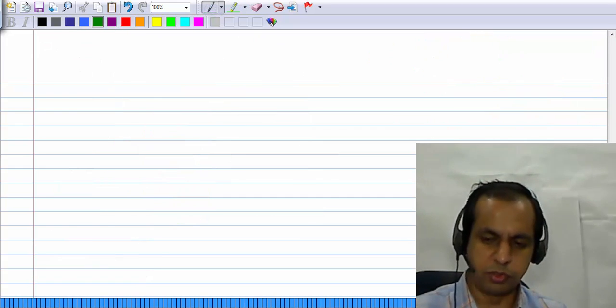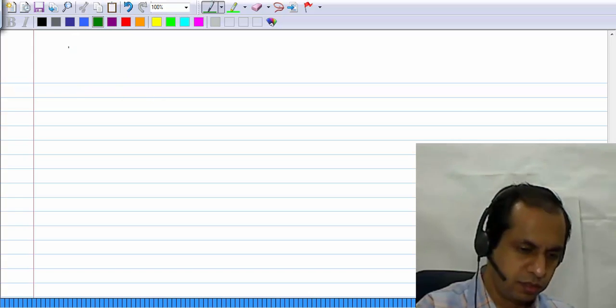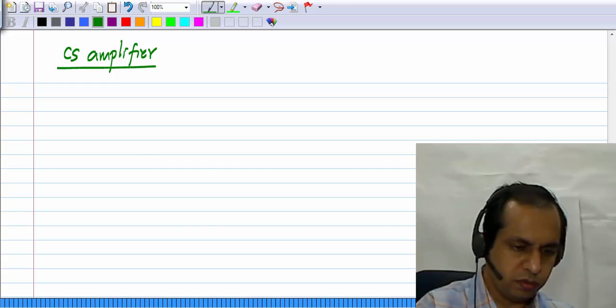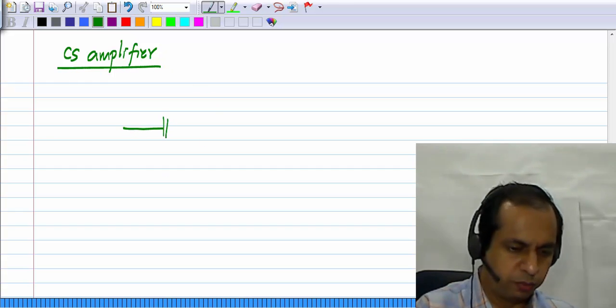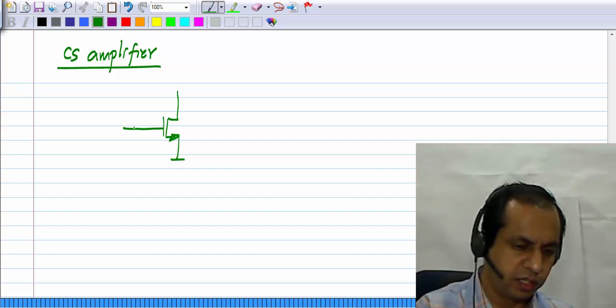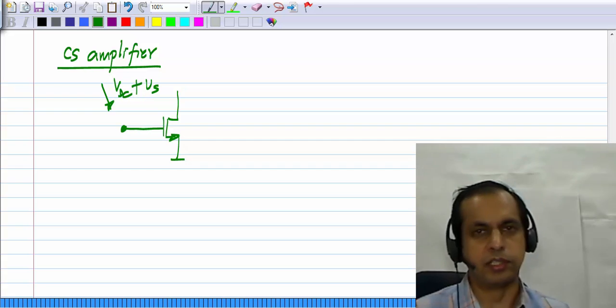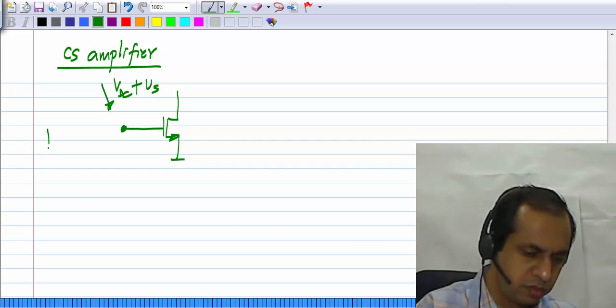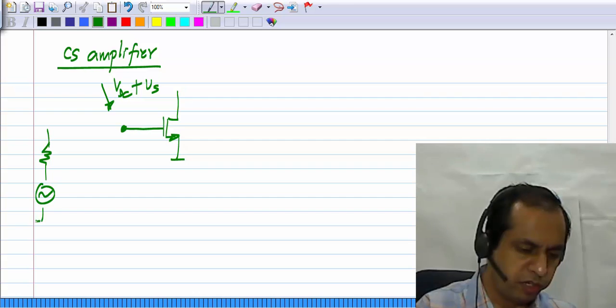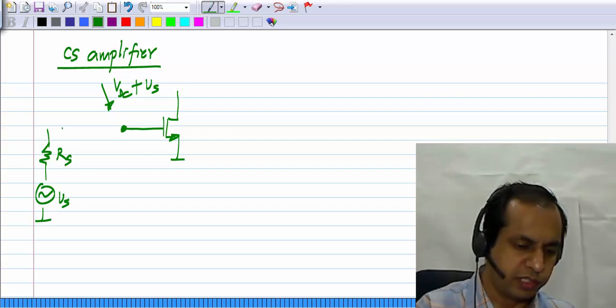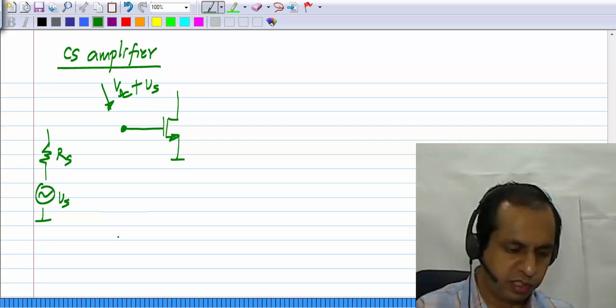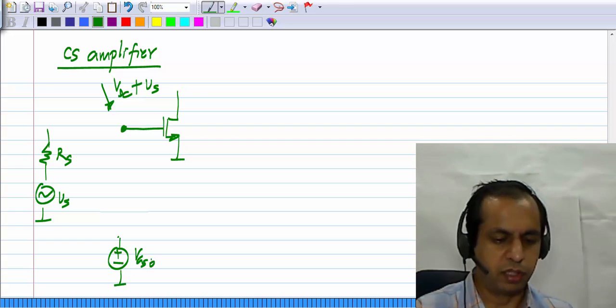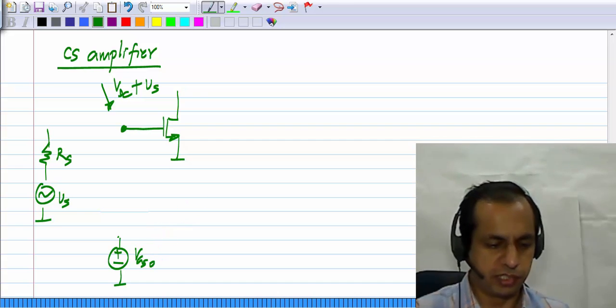In the case of the common source amplifier, if you recall, I won't show the complete picture on the drain side, but at the gate we had to get VDC plus Vs. So what did we do? We have the signal source Vs and we have the DC source VGS0, whatever the quiescent value, the operating point value of VGS is.